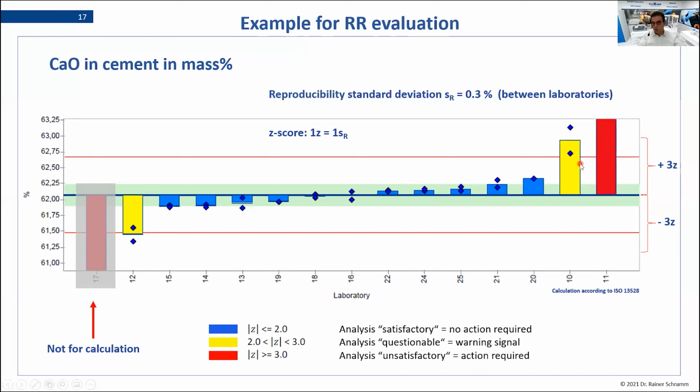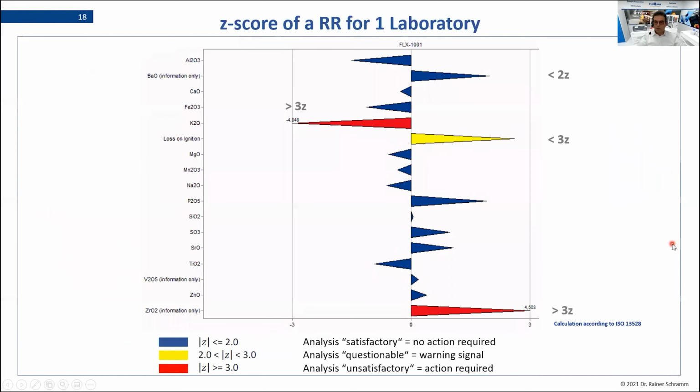This is also true for the yellow. The blue ones are within the satisfactory range. This is a different way to show these Z-scores. And here then you can see more than one parameter. So one laboratory can immediately check all the blue values are within the 2 sigma.